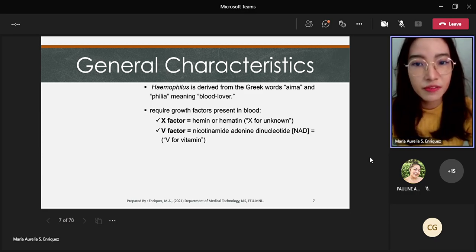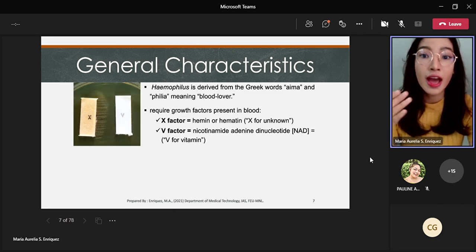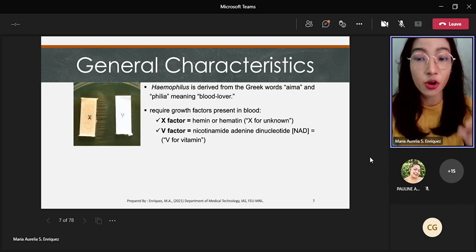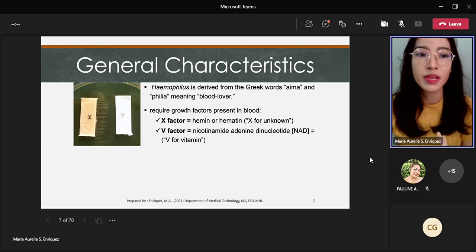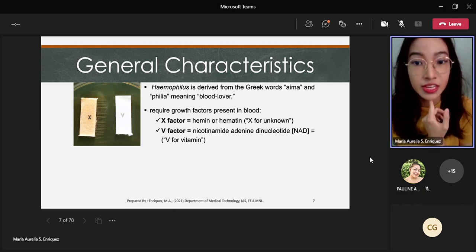Okay, so the V factor can only be found within RBCs. Hence, ang V factor po ay hindi magiging accessible sa isang organism if the RBCs on that culture media are still intact. Okay?